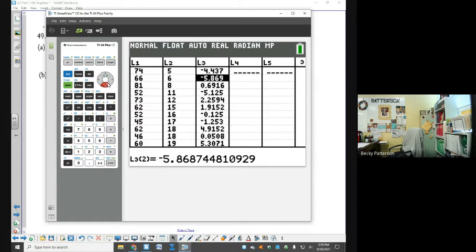The residual is the difference between what happened and what was predicted to happen. Oh, that's a good sentence. I'm going to say that again. The residual is the difference between what actually happened and what was supposed to happen. If 66% of the bird population returned, I was supposed to get almost 6 more adult birds than I got. I got almost 6 less adult birds. And I'm sure that's important.